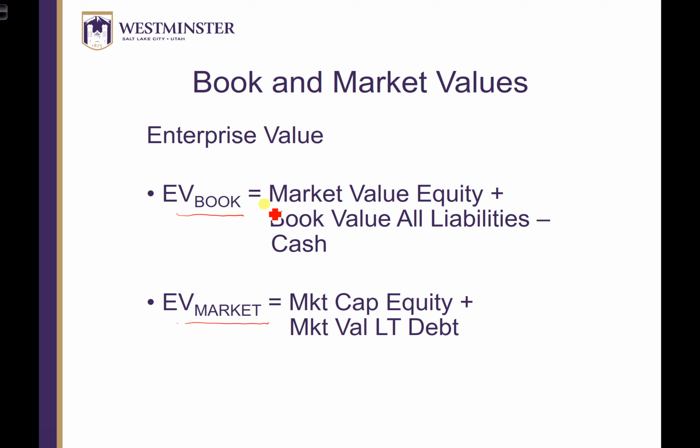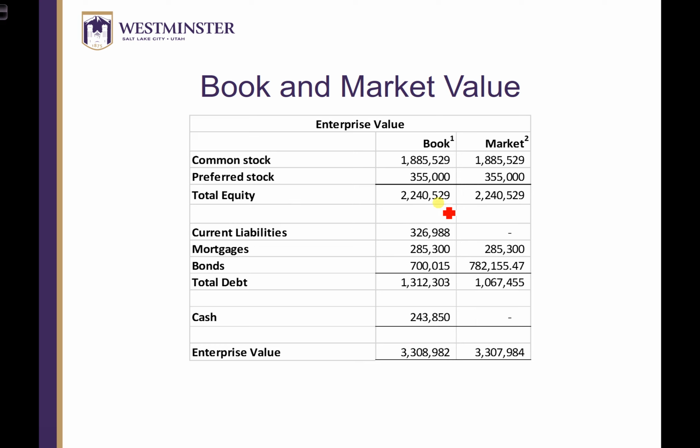That's because we have the same criteria to use the market cap for each one. We added those up. We then, for the book value, take the current liabilities plus the book value of the mortgage, the book value of the bonds. We add those up, subtract cash, and we come up with $3,308,982.